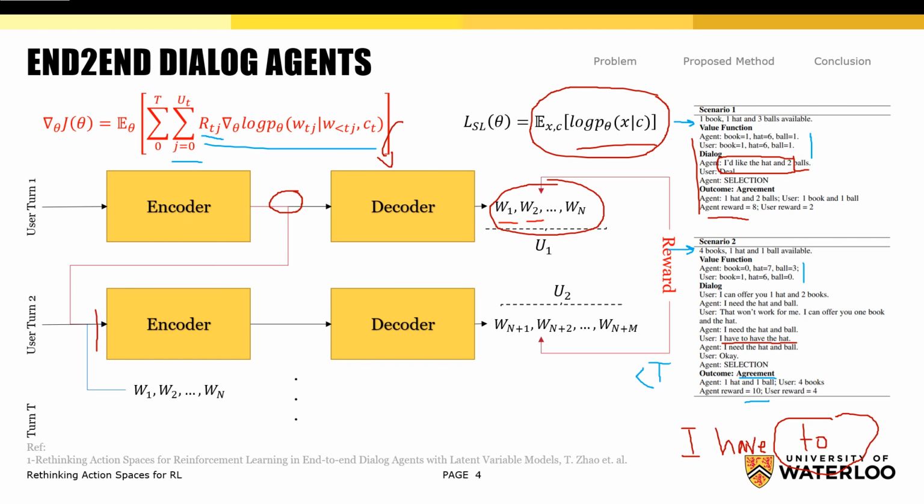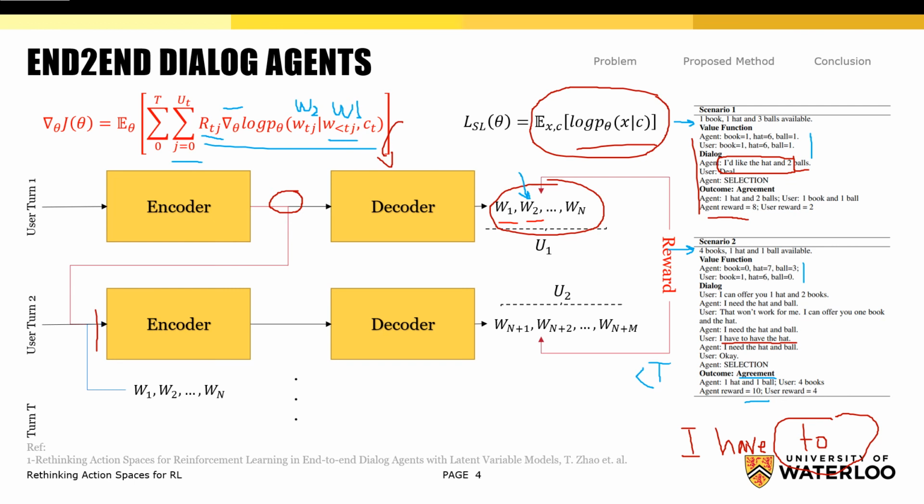As an example, let's say that we are in turn one, and in turn one we have n words, and we just generated the first word and are currently going to generate the second word. We have a context vector and also W1 here, and then we are going to calculate the probability of W2 given W1 and the context vector. Then we can calculate the gradient, and based on that gradient, we can optimize our decoder and encoder weights.